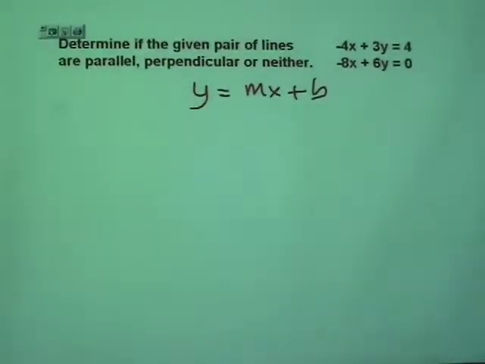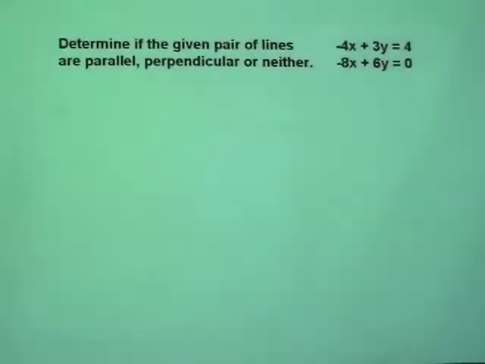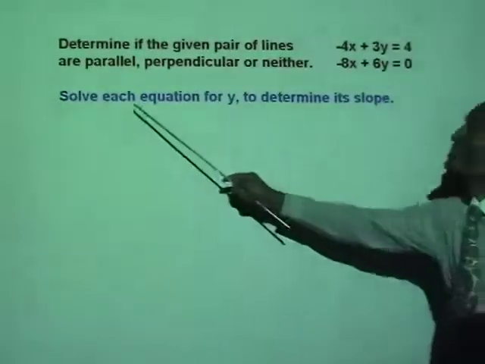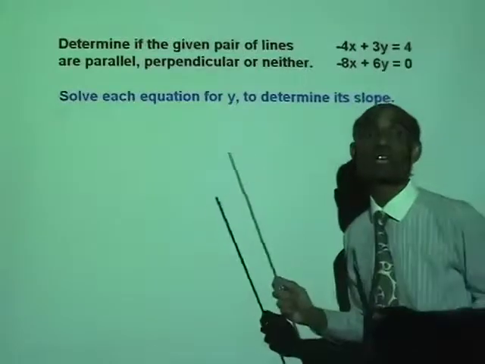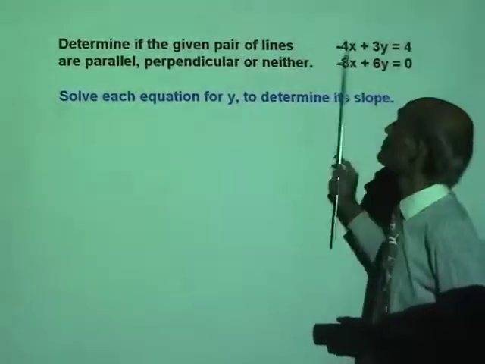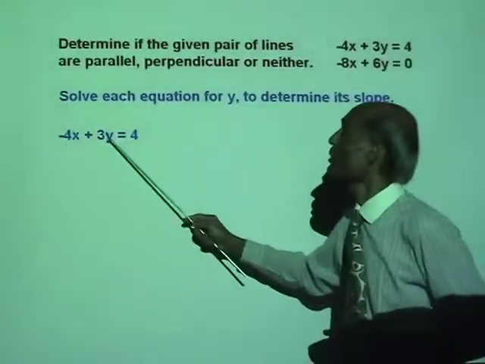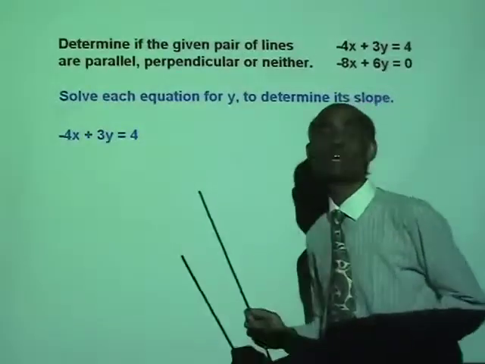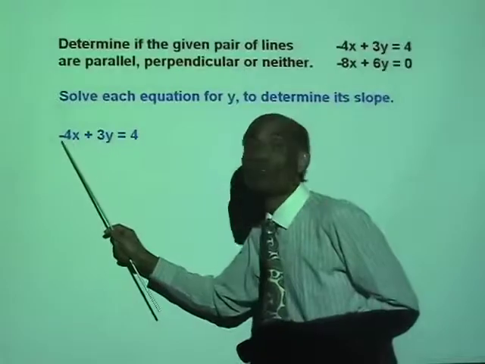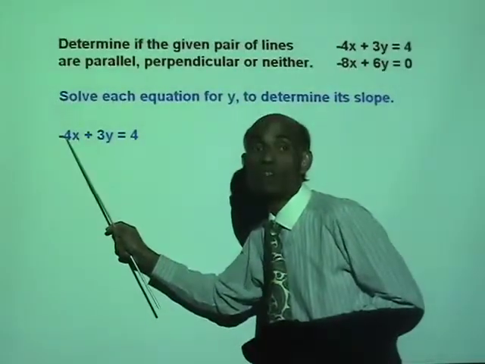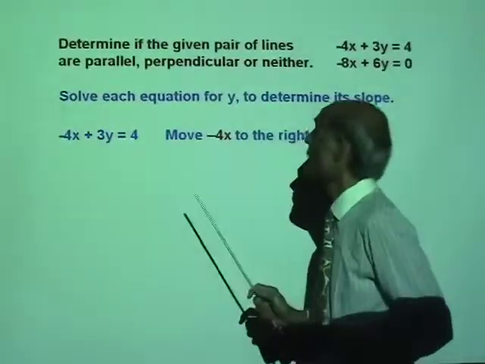Let's find the slope of each of these lines. Solve each equation for y to determine its slope. Let's take the first equation, negative 4x plus 3y equal to 4. To solve for y, we first move the negative 4x from left to right.